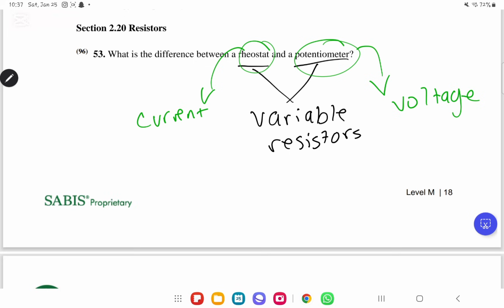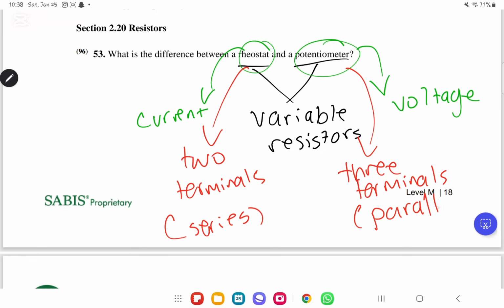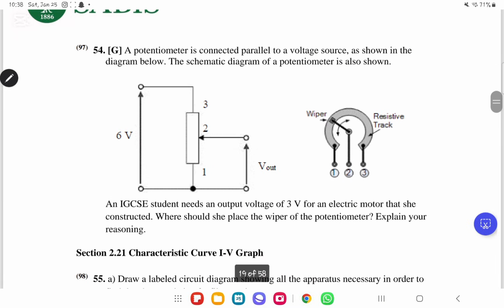Another main difference between the two is that the rheostat has 2 terminals. That means, in some sense, it is connected in series, just like the ammeter, whereas the potentiometer has 3 terminals. That means it is connected in parallel, just like the voltmeter. So that's pretty much it for question 53.